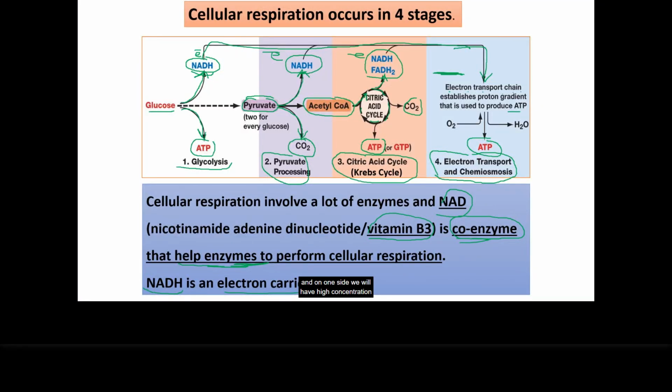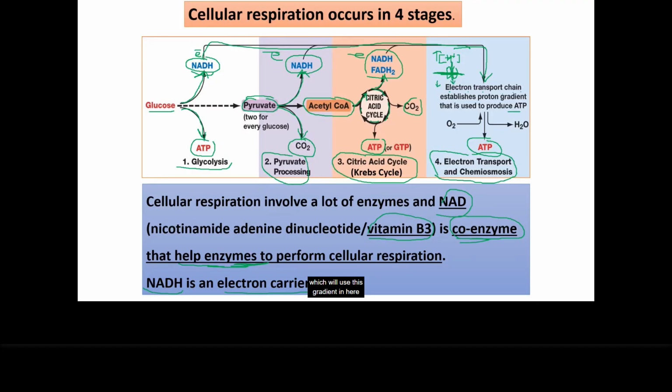And on one side, we will have a high concentration of protons. We will have a lot of protons. And on the other side of the membrane, we will have a low concentration of protons, and we will have special transmembrane proteins here, which will use this gradient.